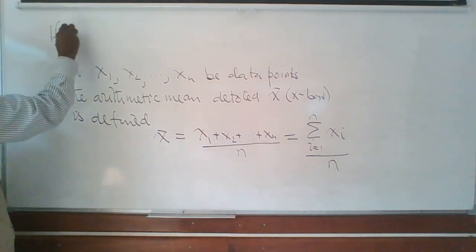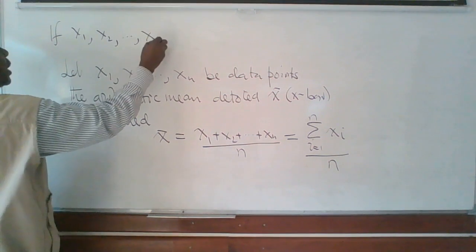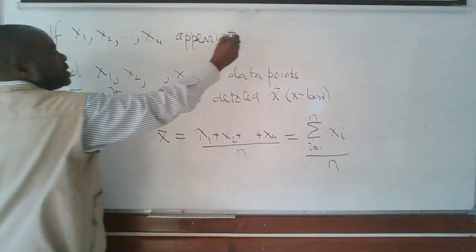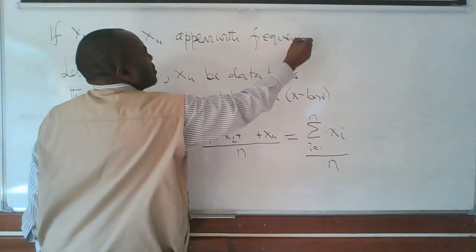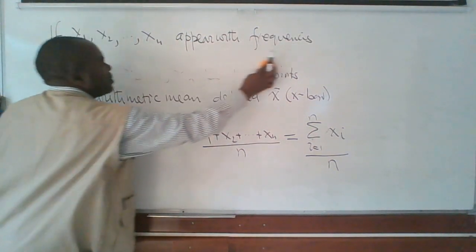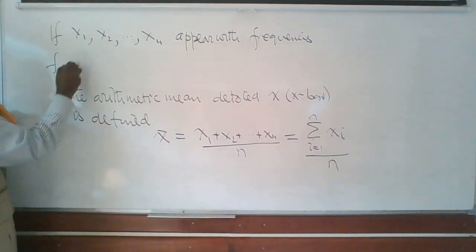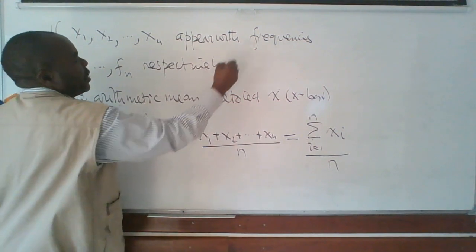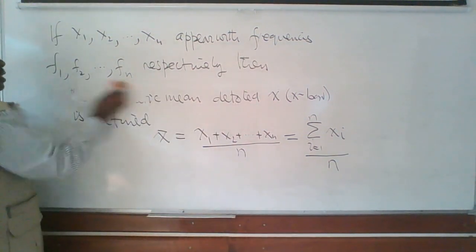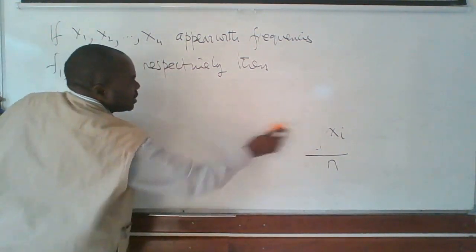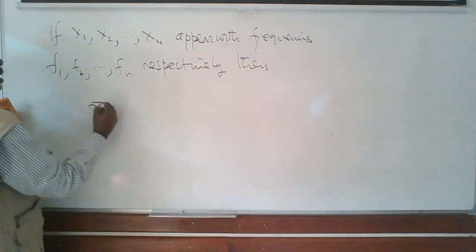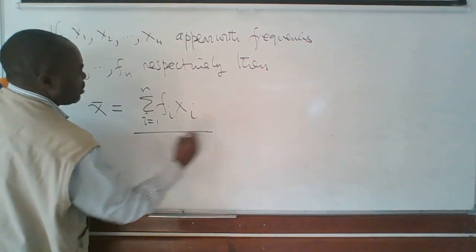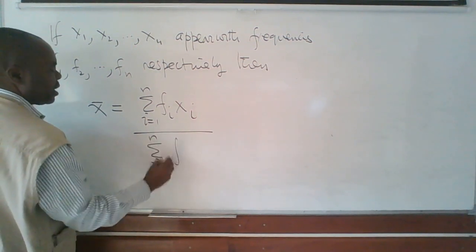If x1, x2 up to xn appear with frequencies f1, f2 up to fn respectively, then the arithmetic mean x bar is defined as x bar equal to summation i from 1 up to n of fi xi divided by summation i running from 1 up to n of fi.